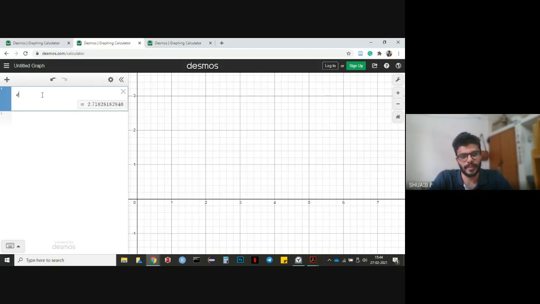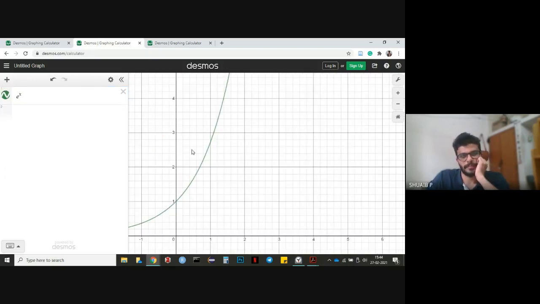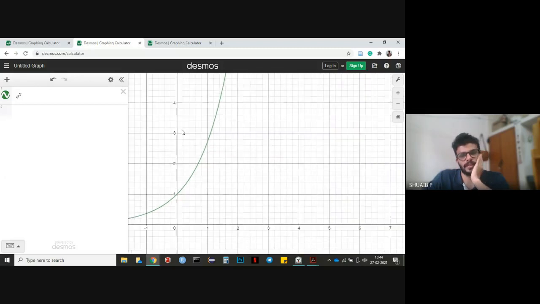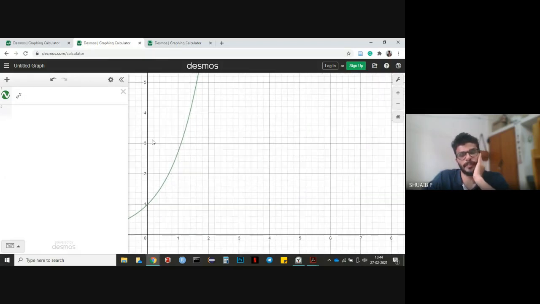So the function will be increasing as a function of time. Here the assumption is the resource is unlimited and the population can grow to any population size as it wants, and the only restraining factor is time.